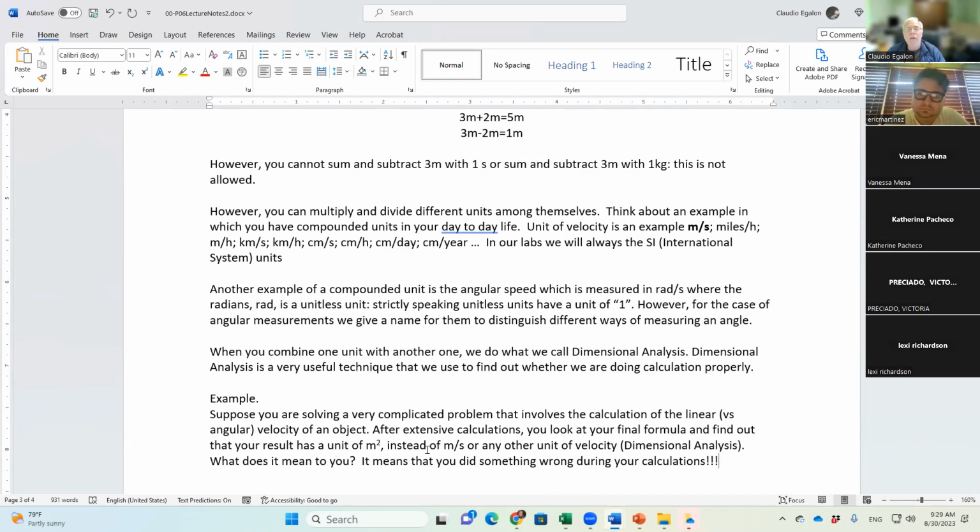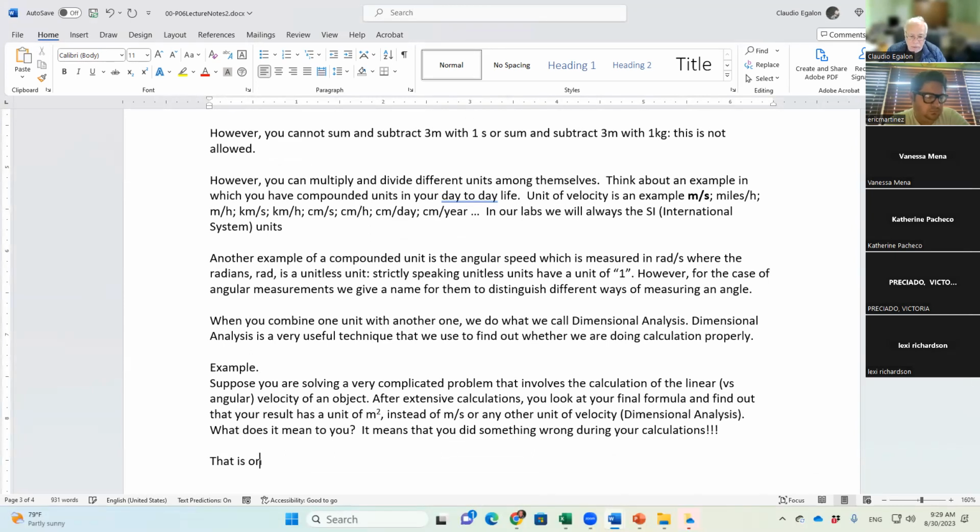That's what it means. And that's how dimensional analysis is important in physics. That is one of the important applications of dimensional analysis in physics, okay?